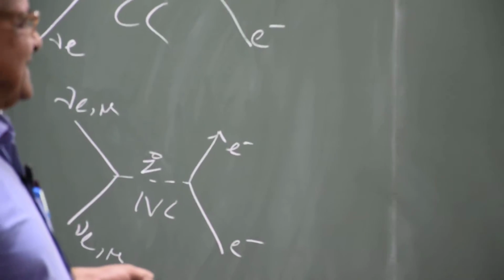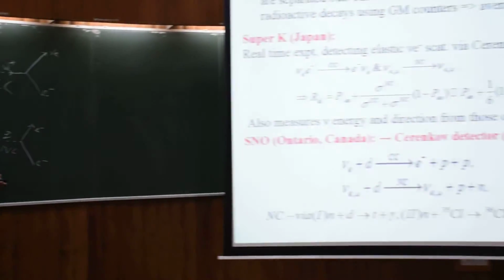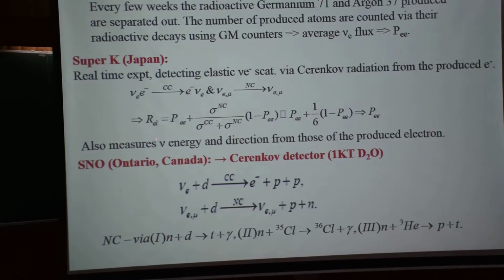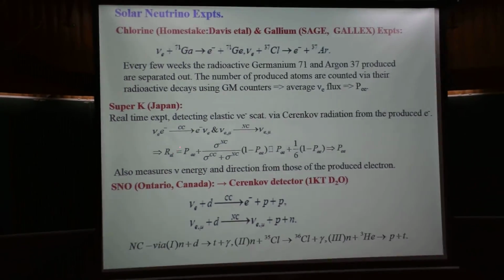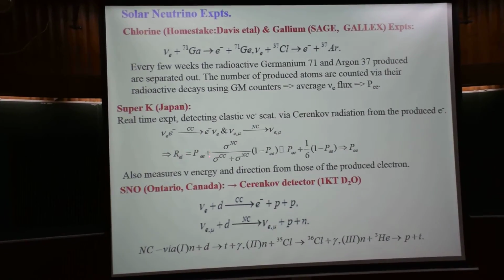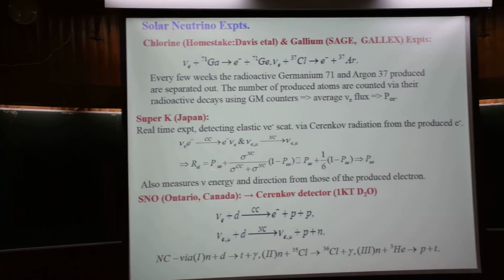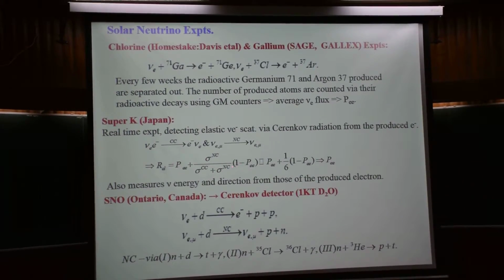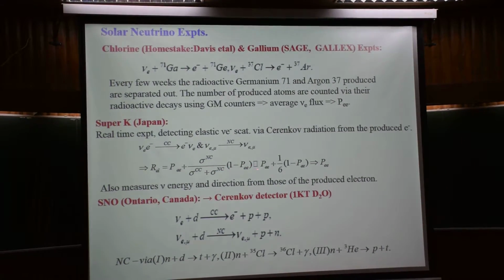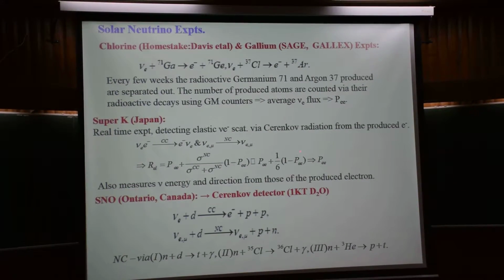So when you measure the rate of elastic scattering and compare that to the standard model expectation, if you see a deficit, that deficit comes from two parts. The nu E contribution has both charge current and neutral current, but the 1 minus P part, which is going into nu mu, contributes only through neutral current. So that is contributing with a reduced efficiency: the charge current cross section over the charge plus neutral current cross section.